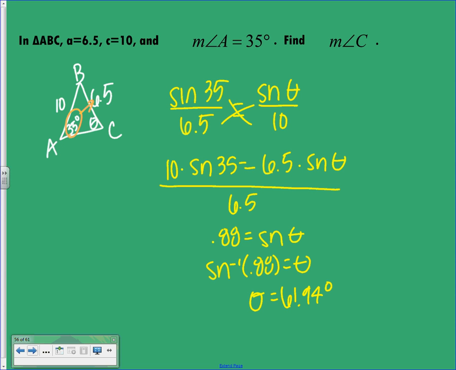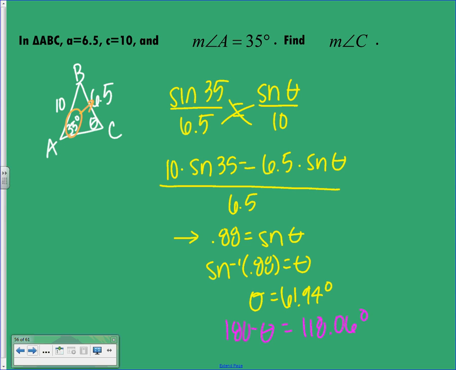Okay, so that's good. But today we're realizing that I could also have two answers. So my secondary answer would be 180 minus that answer. So 180 minus 61.94 is 118.06 degrees.